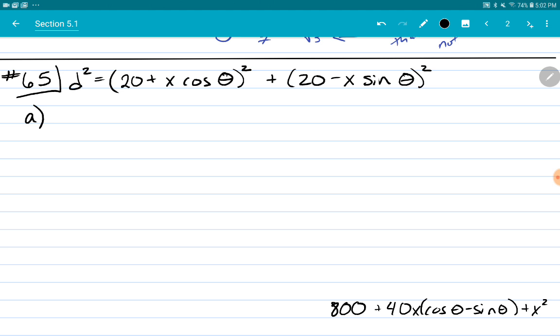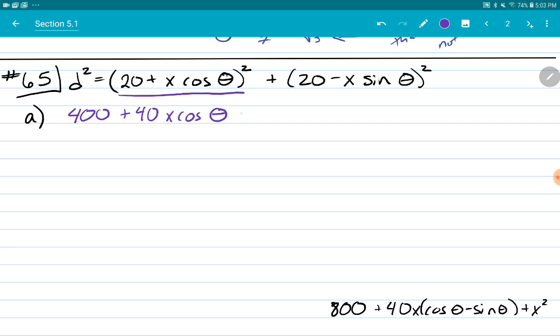So let's see. I'm going to just FOIL these out and then add them together. Let's start with this one. Let's FOIL it. That is 20 times 20 is 400. And then it's a perfect square trinomial, so I can do 2 times 20 times x cosine theta.